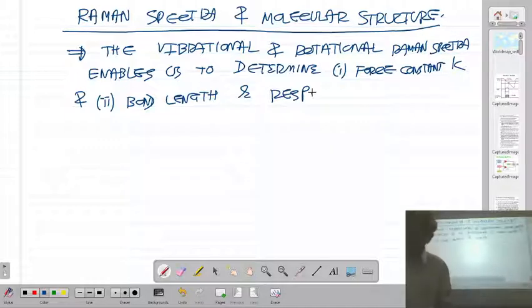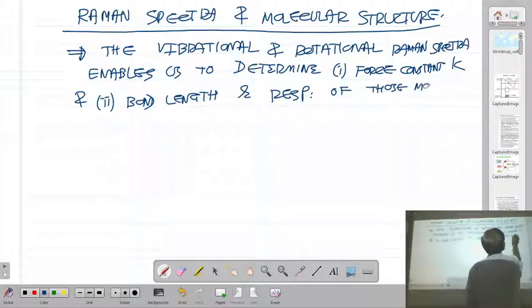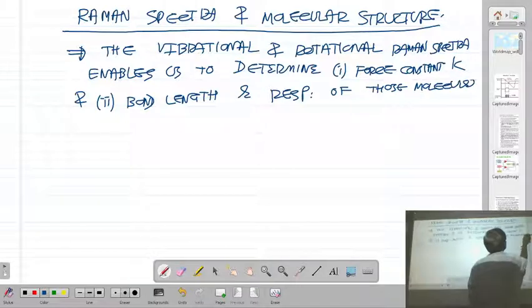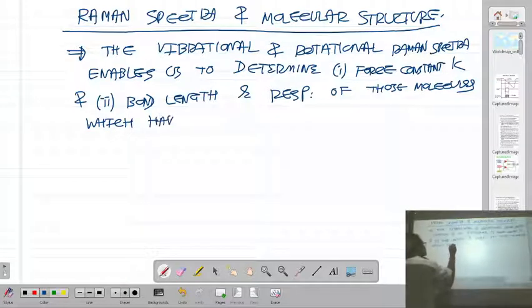The vibrational and rotational Raman spectra enable us to find out the force constant and bond length R of those molecules which have no permanent dipole moment.